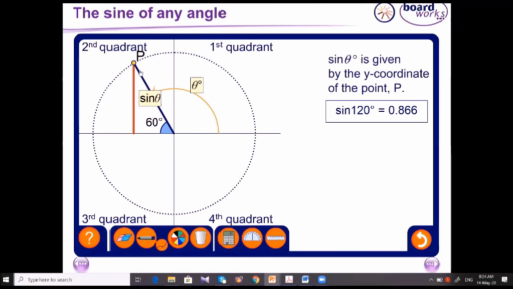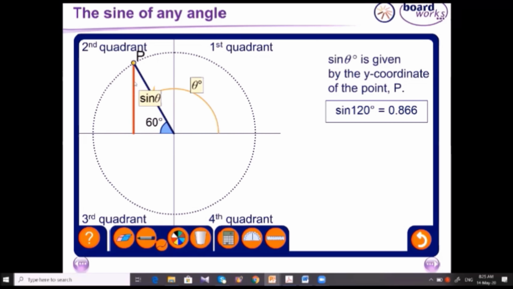No matter where I go in this circle, because we call it the unit circle, the length of this hypotenuse from the origin is always going to be equal to 1. Some of you still don't understand that. That means you barely understand the basics of trigonometry. For those of you who don't even know that, you better go review from the very beginning. Then I take the height of the red line divided by the black line.